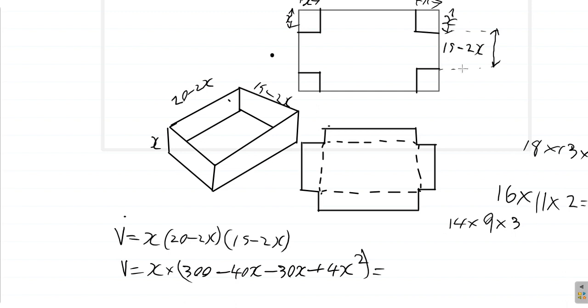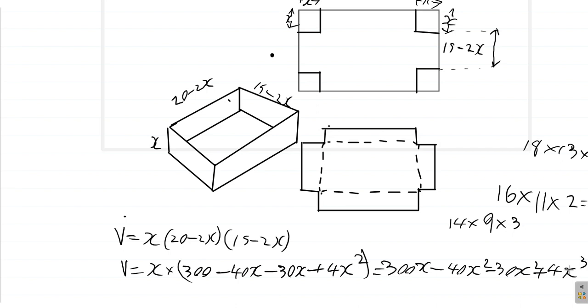So, when you multiply the x by the bracket, you have 300x minus 40x squared minus 30x squared plus 4x cubed. You see that?